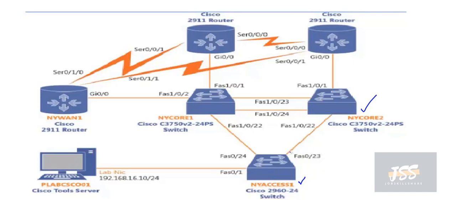A trunk link is formed between these two ports of the switches, Fa0/23 of NY Access 1 and Fa1/0/22 of NY Core 2. A trunk link is formed, but we need to find the problem that exists between them. Native VLAN 99 is configured on this and native VLAN 1 is configured on this. We will see the configuration and identify the errors. So this is the practice lab topology that we are using.